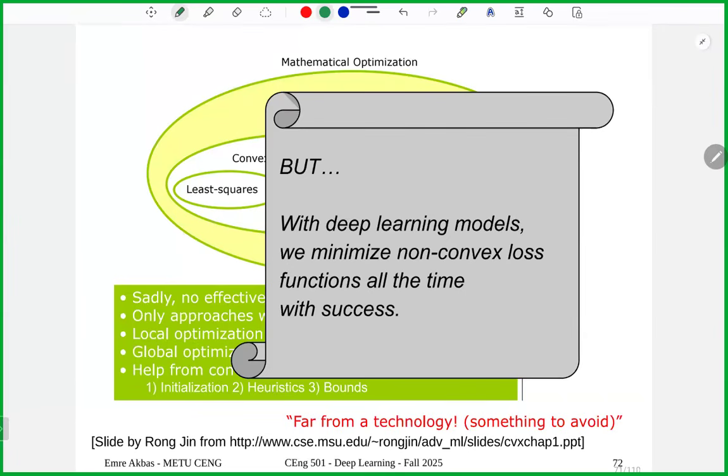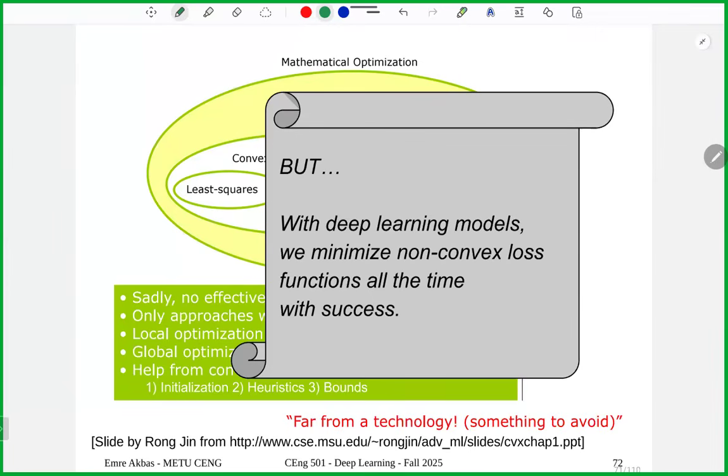So yes, we are able to optimize them using gradient descent, but it took lots of trial and error and years of experience with hundreds or thousands of researchers working together. Now we know how to minimize them. Still, it's not guaranteed, right?